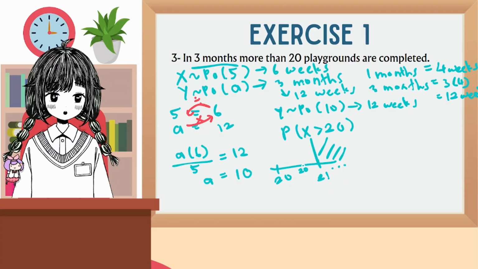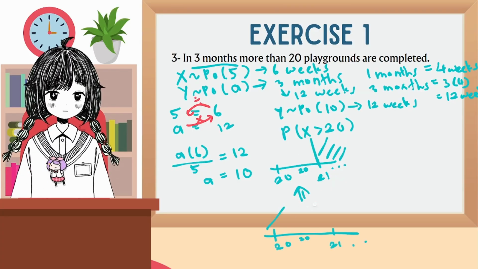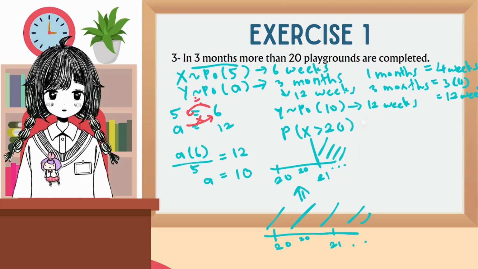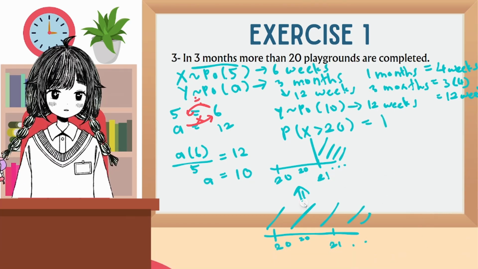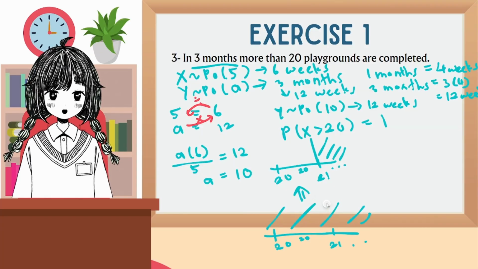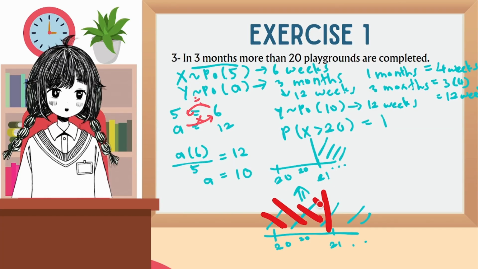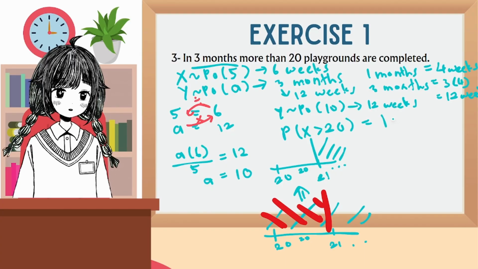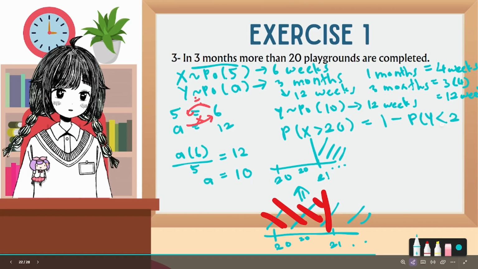To get this, we take the whole one and then remove the under 21. So it will be minus P(Y ≤ 20).